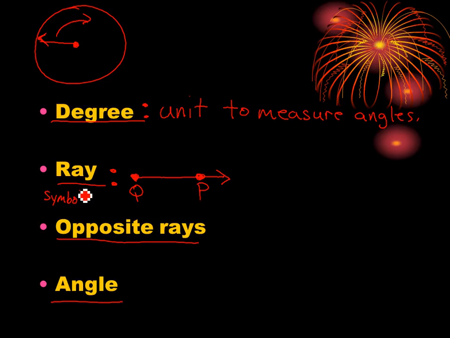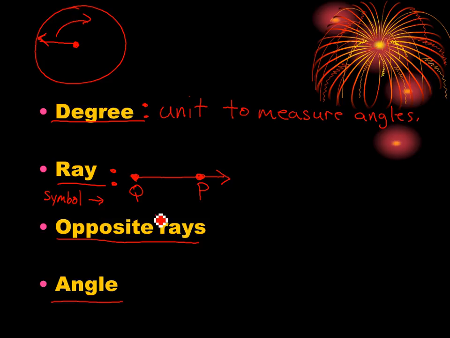What was the symbol for a line? A little line. What was the symbol for a segment? A little segment. Guess what the symbol for a ray is? A little ray. Nothing hard about any of the symbols that we use this year.